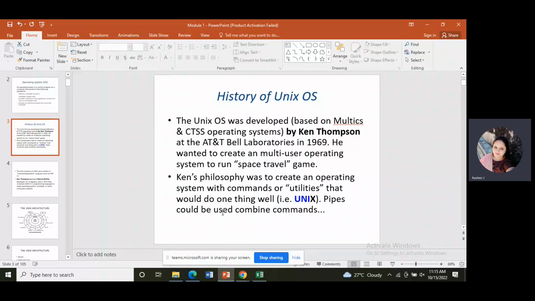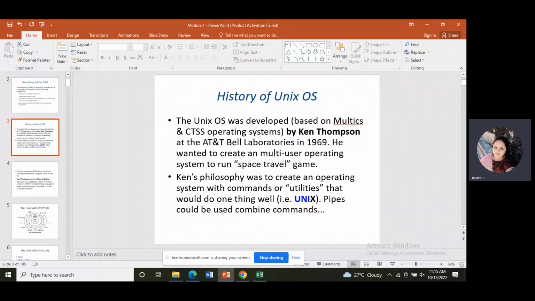Here no interpreter and no compiler is used; it is directly converted. So it was first written in low level languages. But after that, it became machine dependent. It can't run on any hardware, only on certain platforms. So in 1973, Dennis Ritchie rewrote the Unix programming in C language.